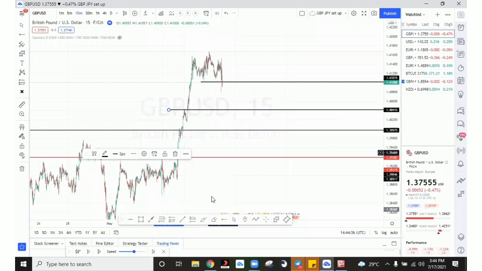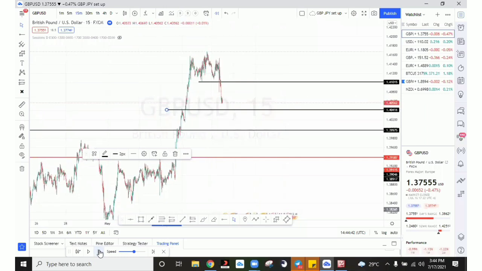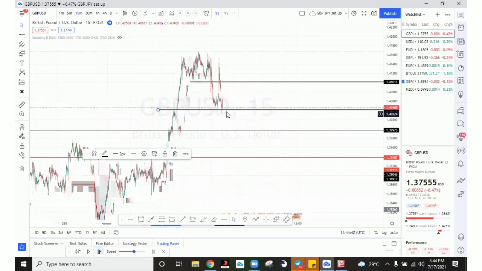So you've taken your entry from here, and price is gradually going your way, and what happens? Boom. Now price has hit your take profit, and you take your profits.